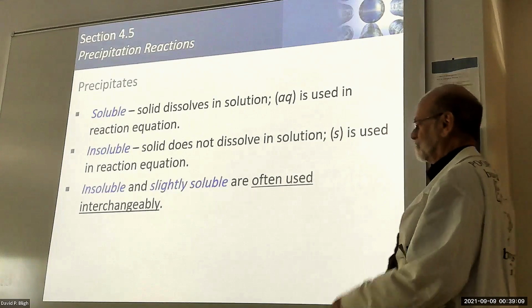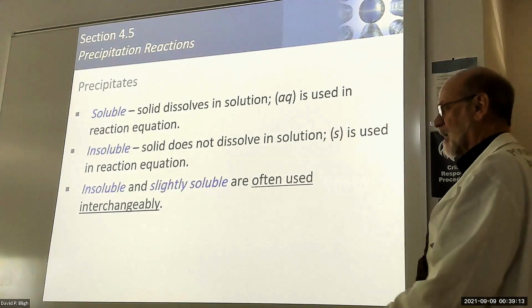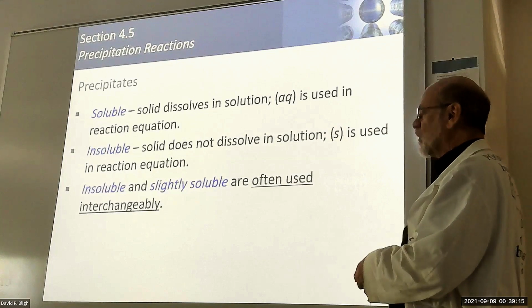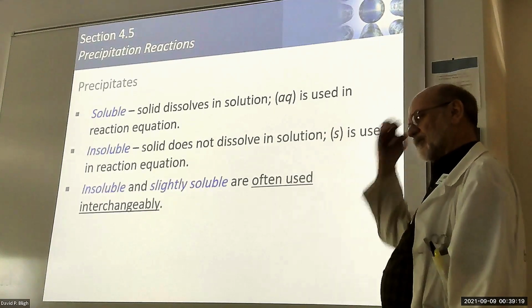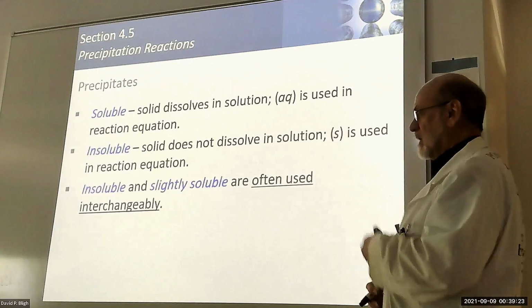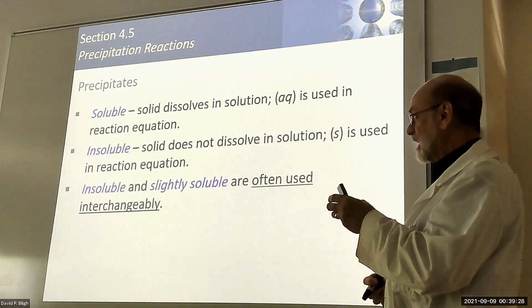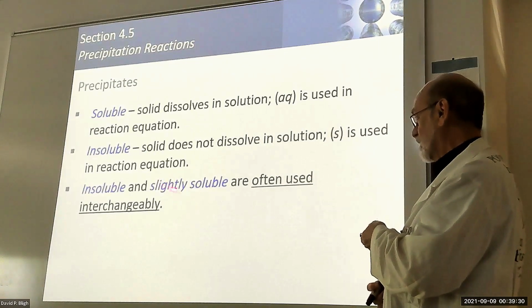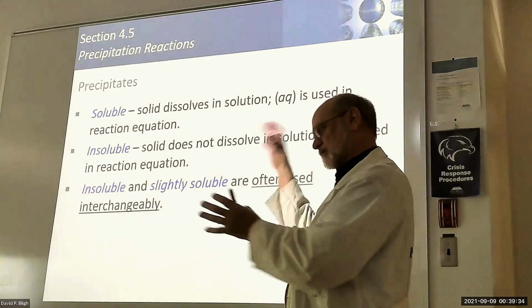Now we have to say, it's like a qualification or a caveat. When we say insoluble, we mean mostly insoluble. There are degrees of solubility. And it's usually the case that when we say something is insoluble, it may be slightly soluble. But we're not going to get into that until later.